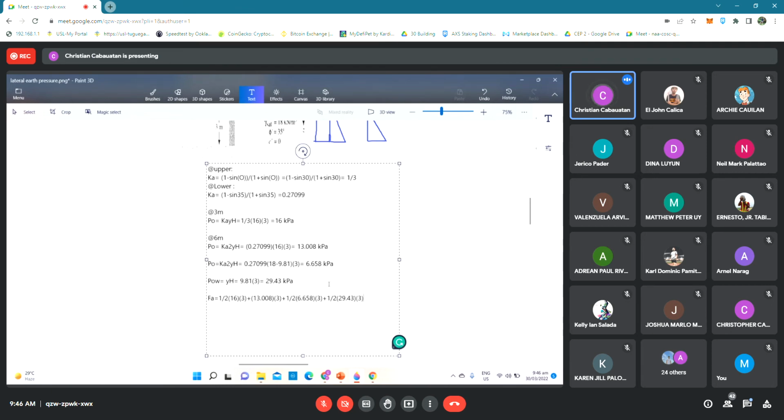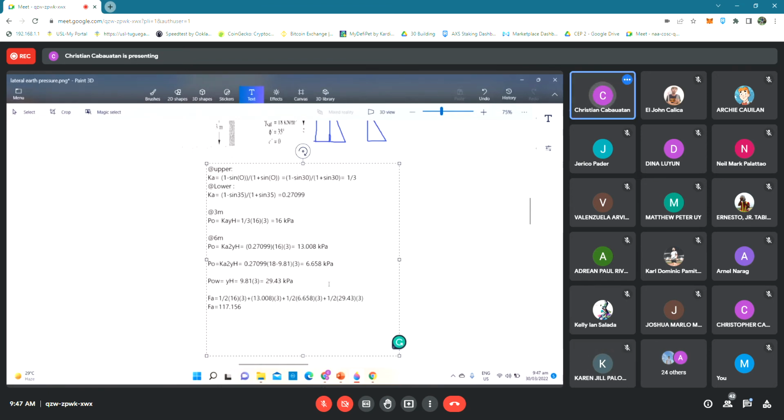Therefore, it is equal to FA equal to 117.156.